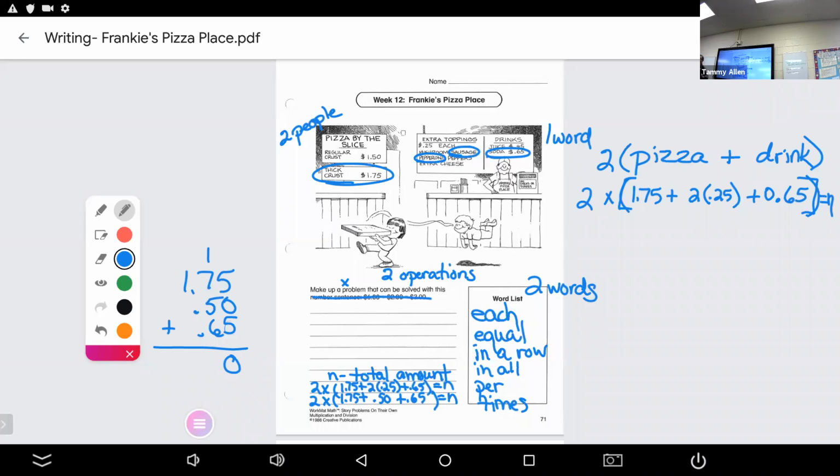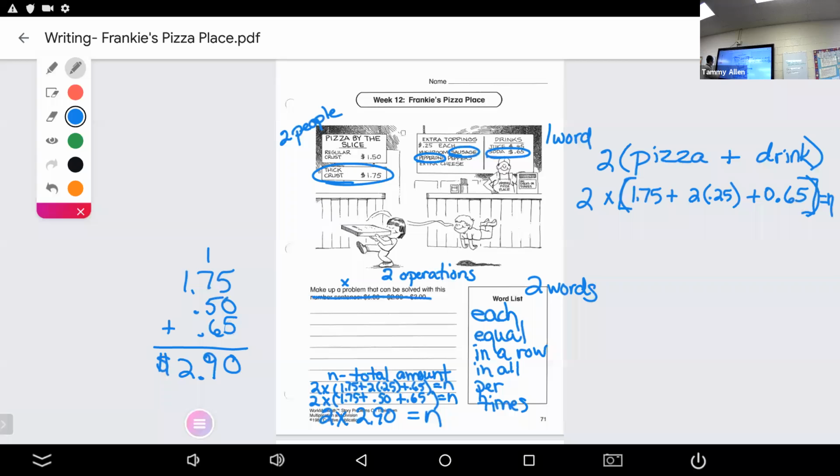How much does that give us? $2.90. Everybody get $2.90? Okay. So now we have $2.90 equals N. So now off to the side, we need to do $2.90 times 2.